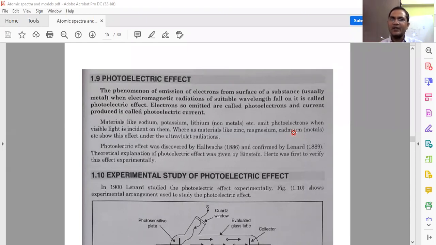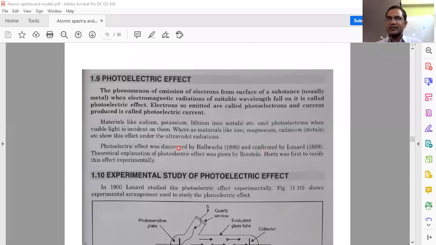When light of sufficient frequency and wavelength is incident on the metal surface, the electrons will be ejected or emitted from the surface. That phenomenon is known as the photoelectric effect, the electrons emitted are called photoelectrons, and the corresponding current is called photocurrent.